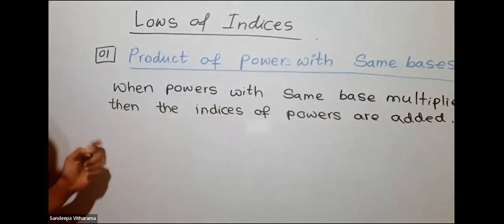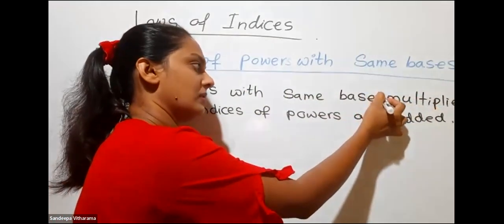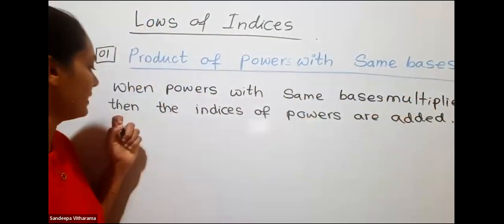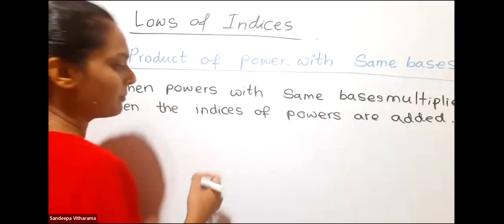Okay. When the powers with same bases multiply, then the indices of powers are added. It happens like this.